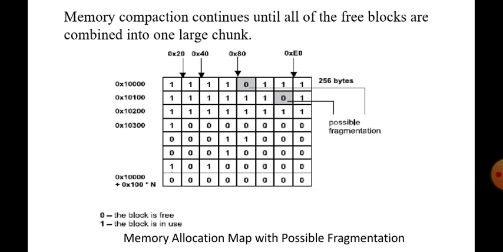Another example of the state of an allocation table. In this slide, note that two free 32-byte blocks are shown.